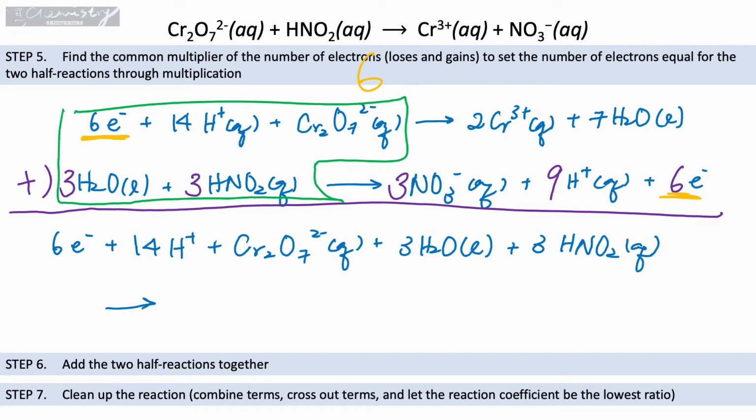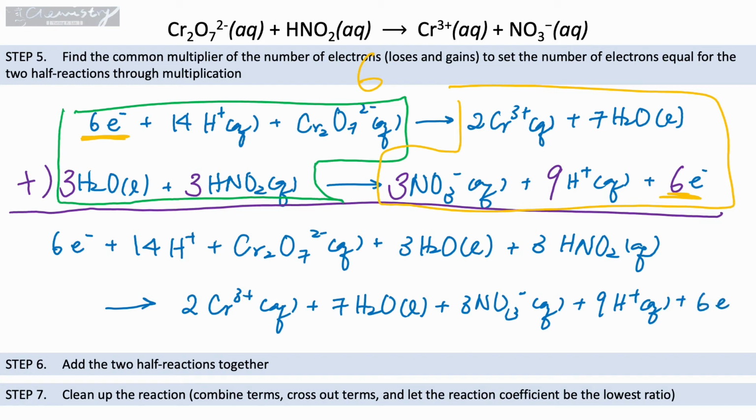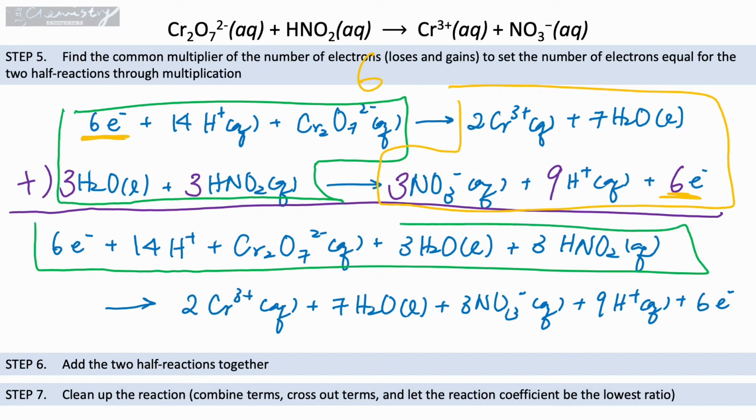And on the right side, I have 2 chromium 3 ion, 7 water, 3 nitrate ion, 9 protons, and then 6 electrons. So that is step number 6, adding them together.